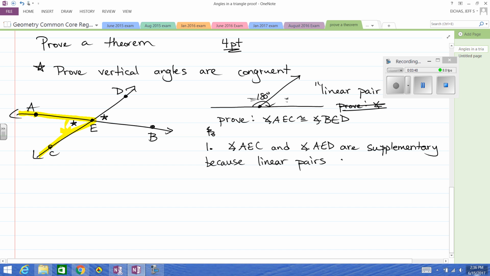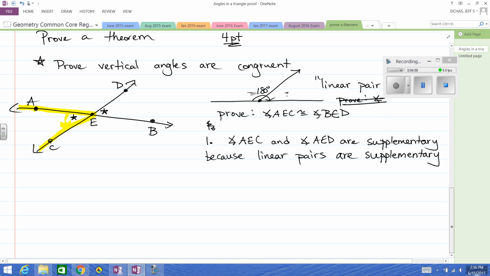I'll explain some of that, what I just shared with the person grading my paper. I've really explained a lot right there. I know what supplementary is, and I've related it to the idea that this is a linear pair.